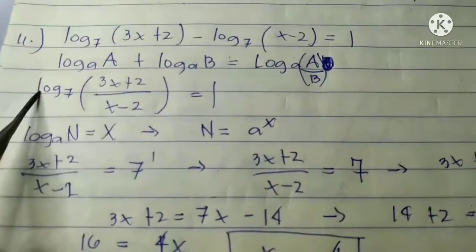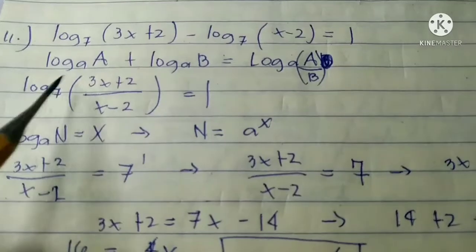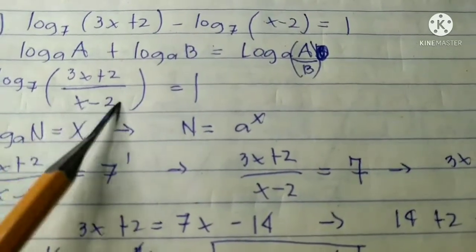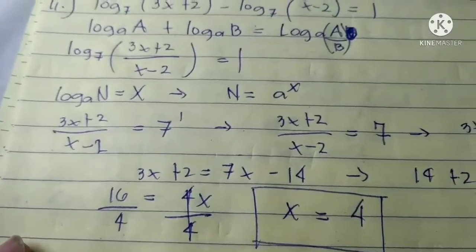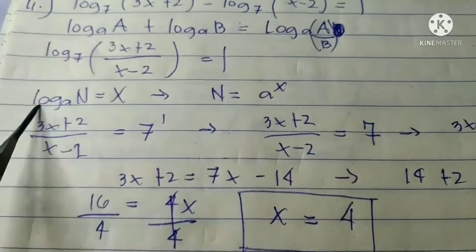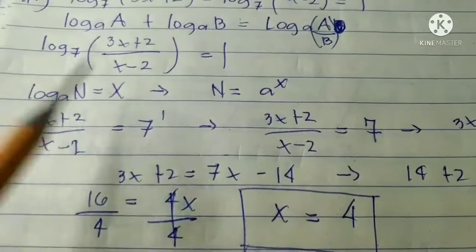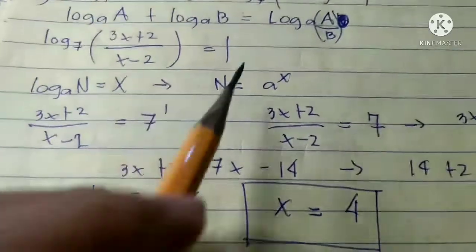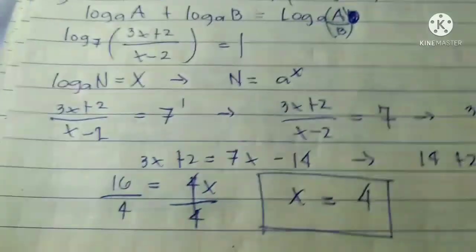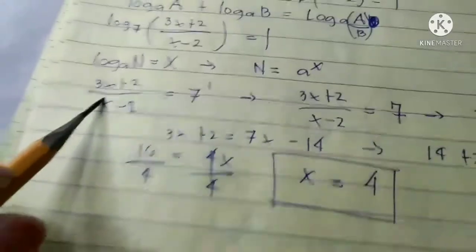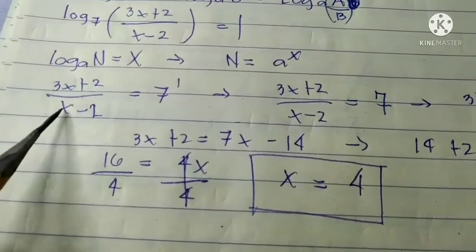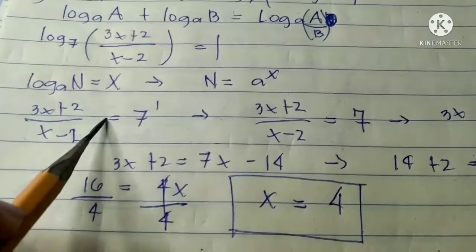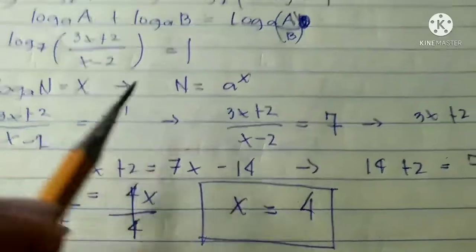So we now have log base 7 of our a, which is 3x plus 2, and our b is x minus 2, equals 1. Now we can solve this by using this equation again, which is log base a of n equals x, and we will get n equals a raised to x. So our n is 3x plus 2 over x minus 2 equals our a is 7 and our x is 1.